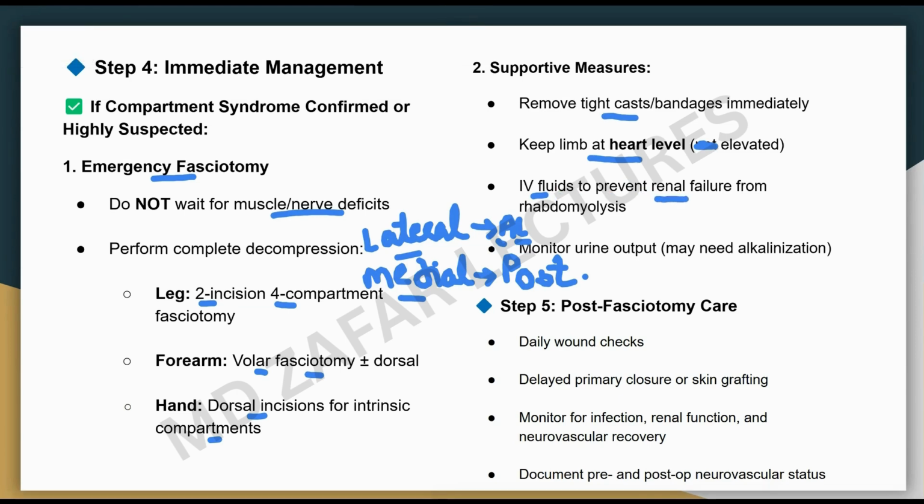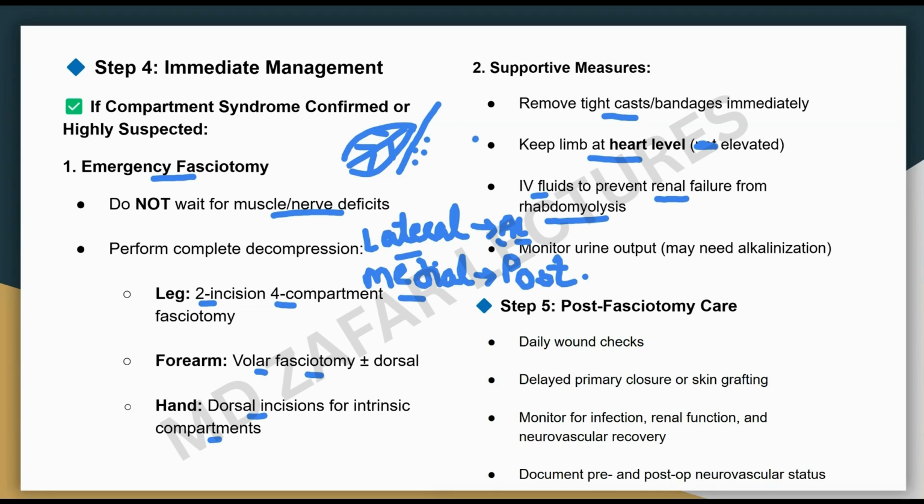A very important thing is that IV fluids should be given in an aggressive way to prevent renal failure developing as a consequence of rhabdomyolysis. Whenever the skeletal muscle is damaged, the cells present within these muscles are going to release toxins into the bloodstream. The vessels going beside these muscles are going to carry these metabolites.